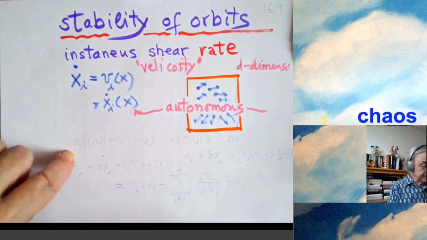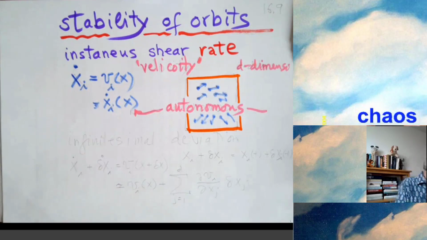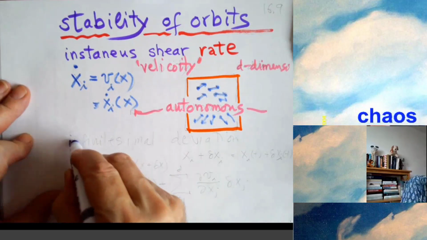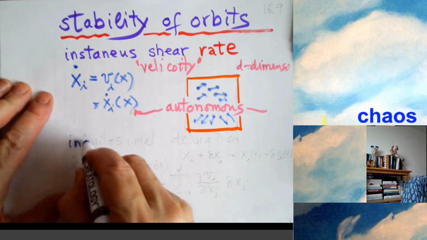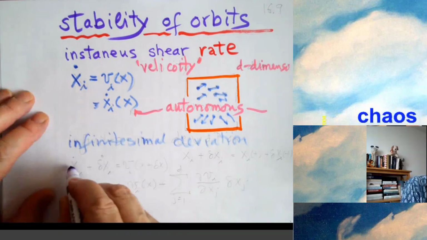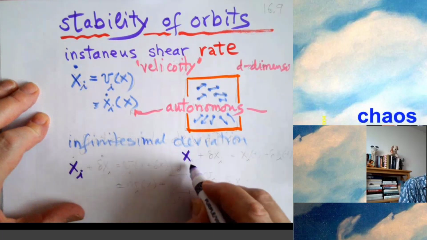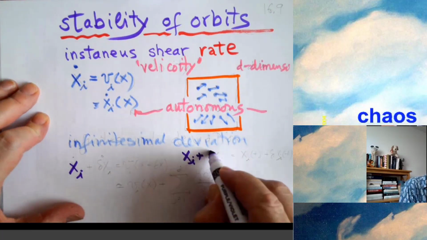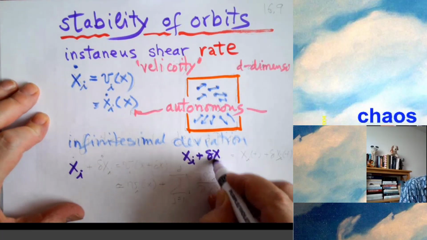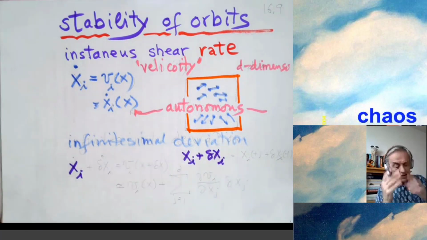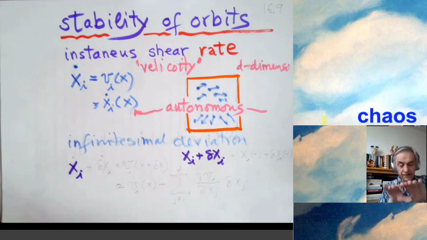If I want to find an infinitesimal deviation away from my trajectory, I look at x_i, and a neighbor. And the image I have is that this neighbor is actually a cloud of close-by points.